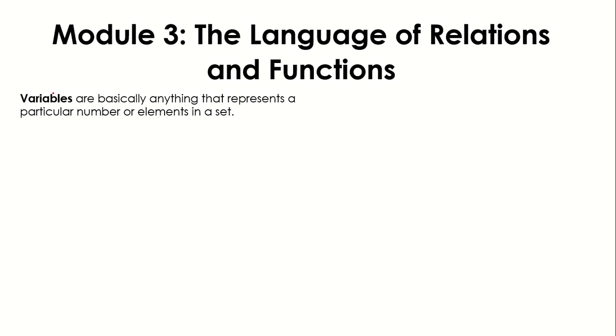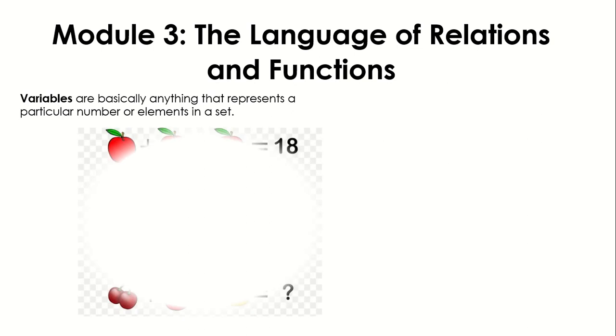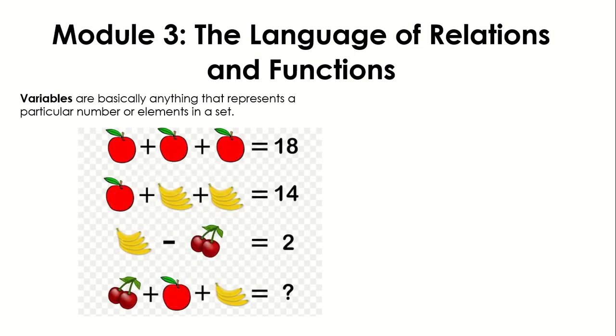We are fond of answering such puzzles on Facebook. So let's have the apples: 3 apples is equal to 18, and then apples plus bananas is equal to 14, and then bananas minus cherries is equal to 2. Basically, we could translate this into algebraic letters.